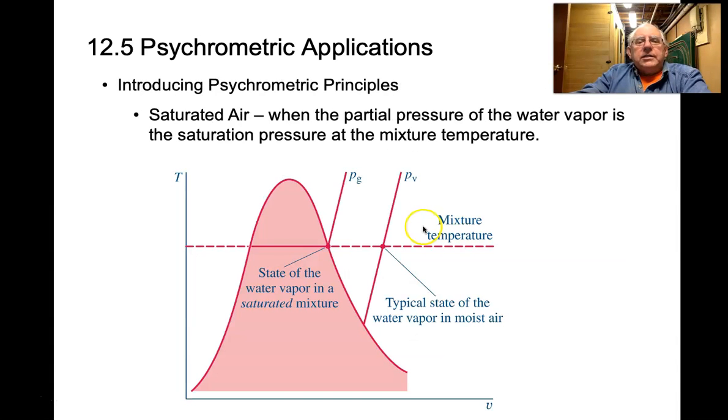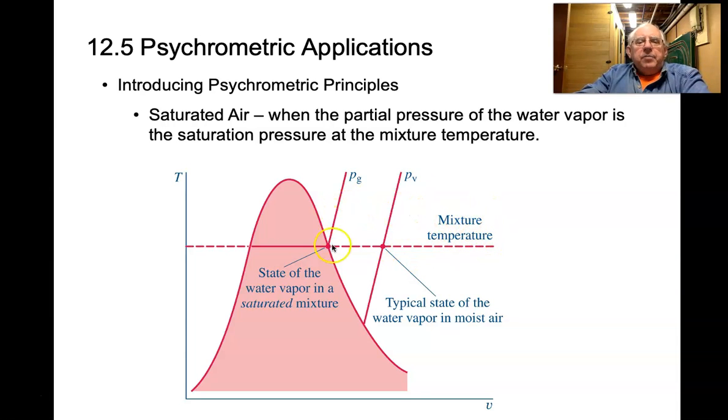In essence, it's saying that if we were at this point, the enthalpy associated with this point for the vapor can be assumed to be equal to the enthalpy that one would have if one came across at the same temperature and ran into the dome at that particular point. And that's not a bad assumption.